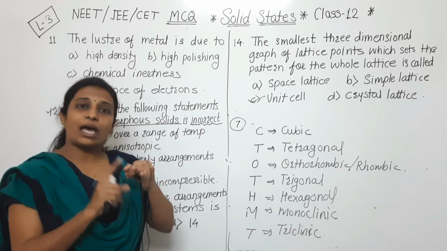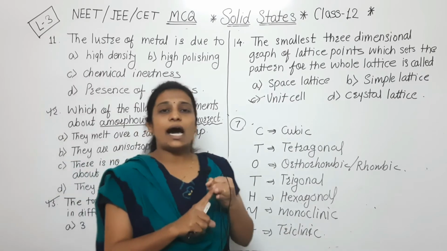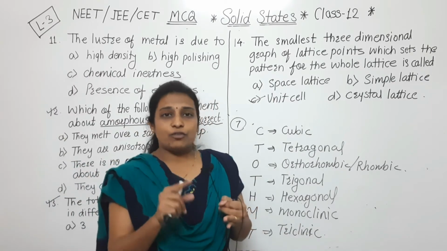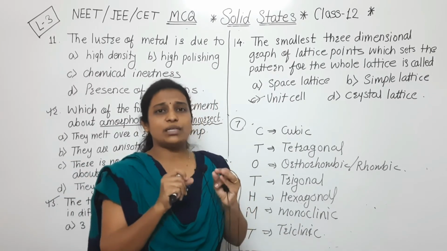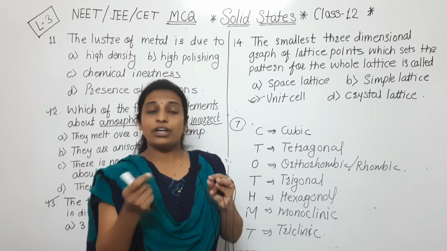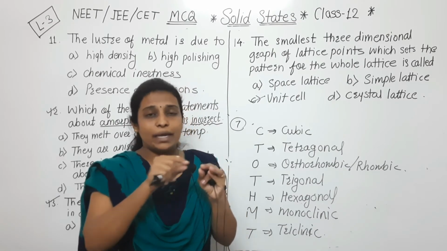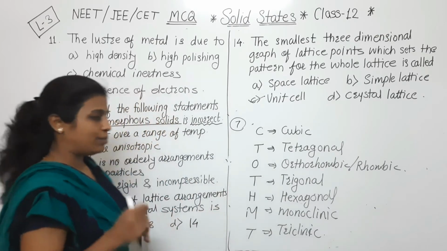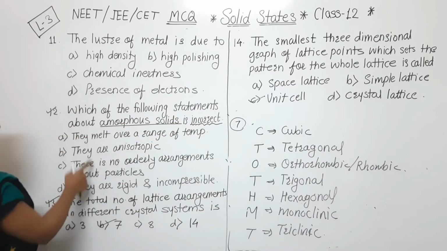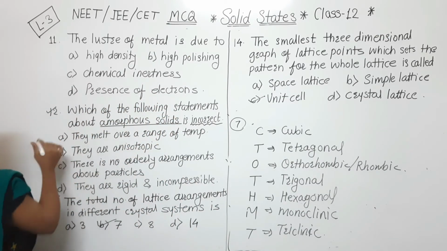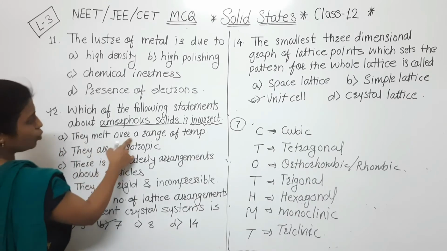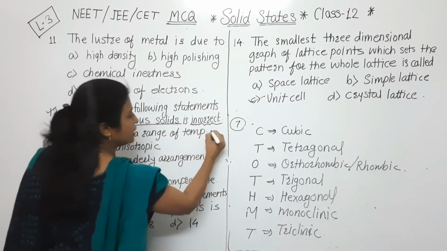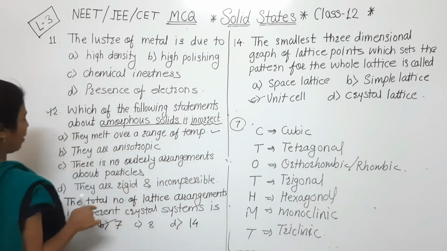Second, they do not have a sharp melting point. They are isotropic. If we consider their melting point, they do not have a sharp melting point, and they melt over a range of temperature. Now we have to search which points are not there. First one, they melt over a range of temperature. That is the correct statement about amorphous solids.